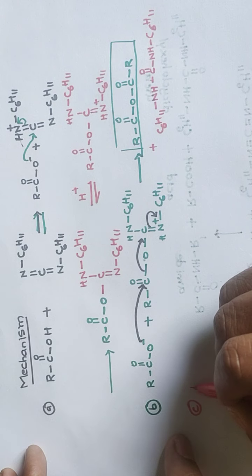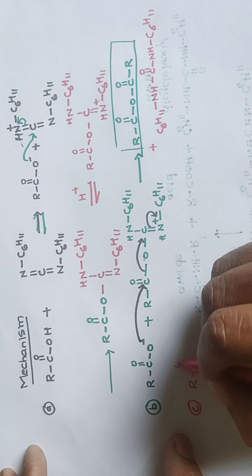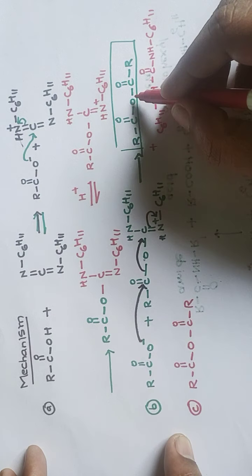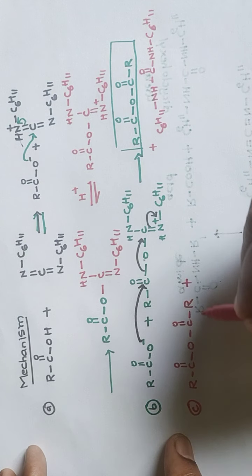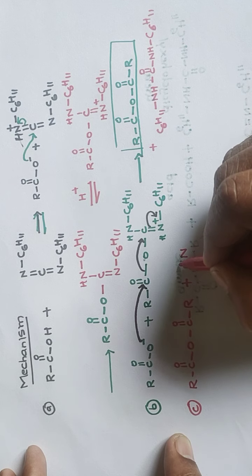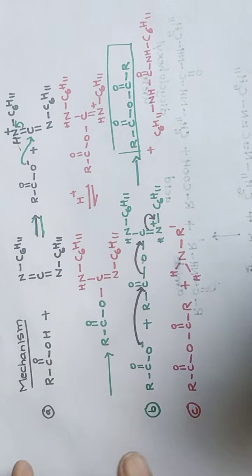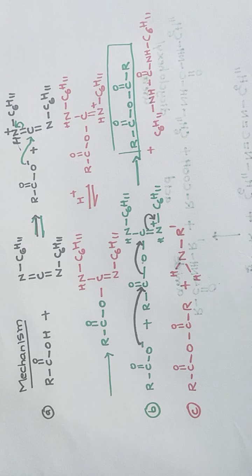So the anhydride form is RC=O, OC=O, R. This anhydride will react with the amine, that is NH2R', whatever the amine that we'll be using, because in this reaction we'll be using 2 molecules of acid and 1 molecule of amine along with DCC.